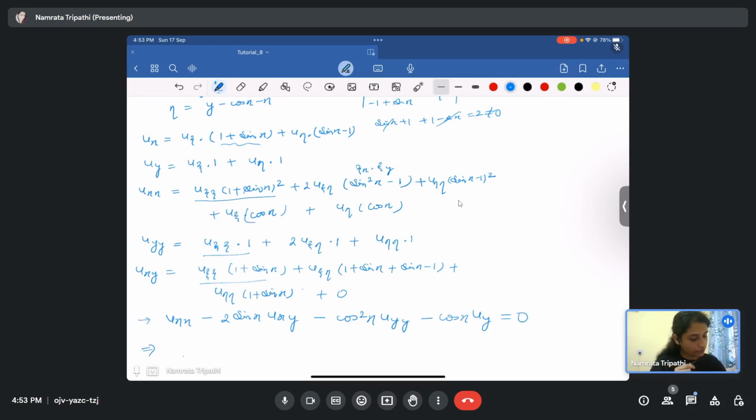Now I'm going to collect the coefficient for u xi. From here 1 plus sin x whole square, and from here after substituting you will get 2 sin x into 1 plus sin x, and from here you will get cos square x and the coefficient is 1.